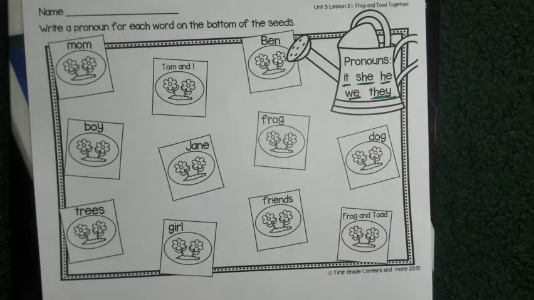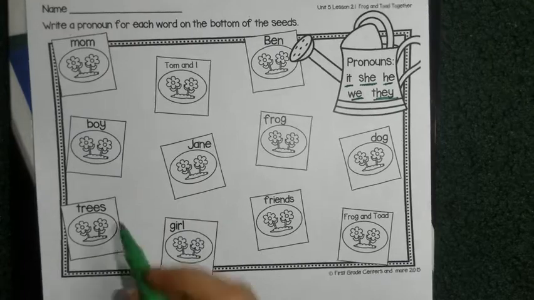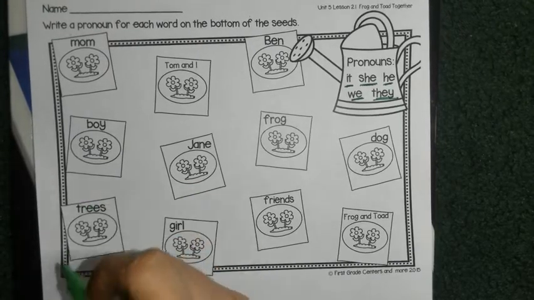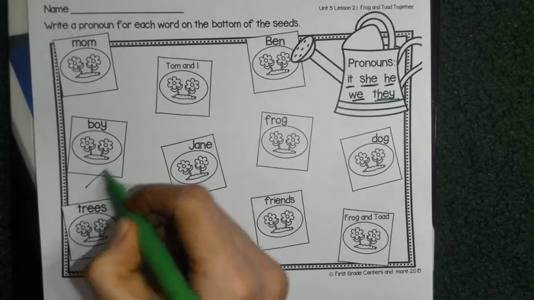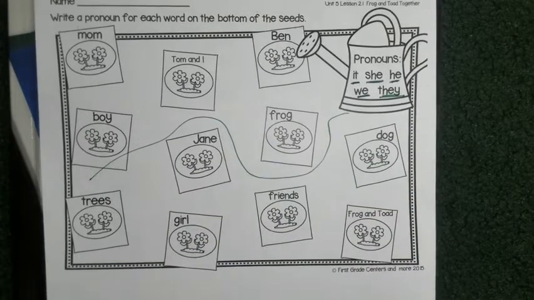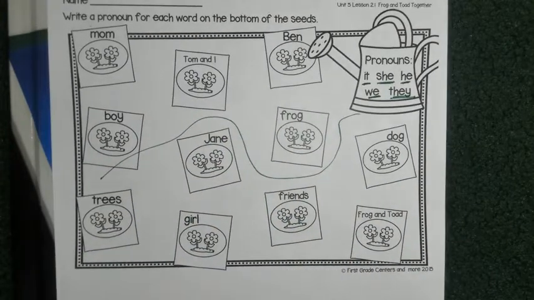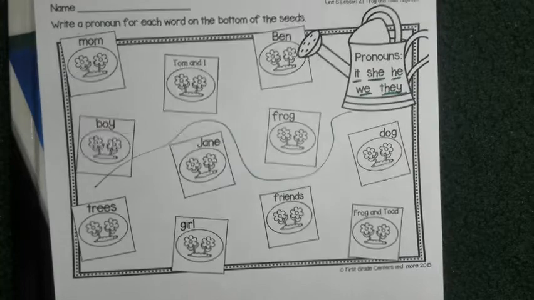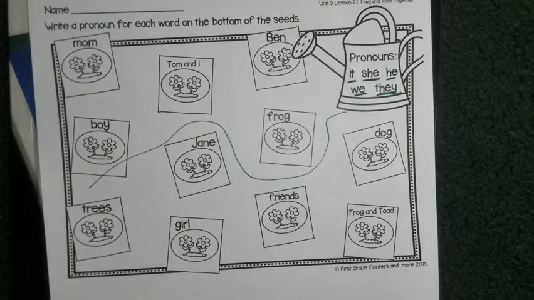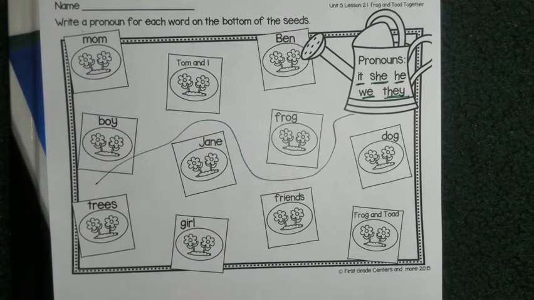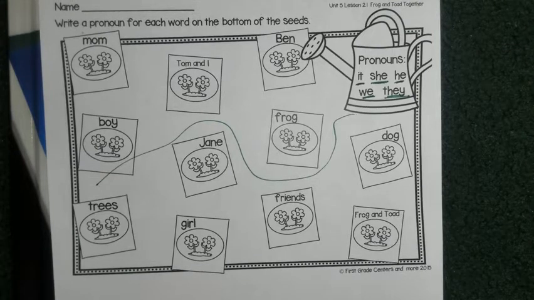So let's do some examples. The first example we're going to do together, and everything after the line you're going to do on your own. Okay, so mom is the first example. What would be a good pronoun to use for your mom? If I said, your mom is here, what could I say?